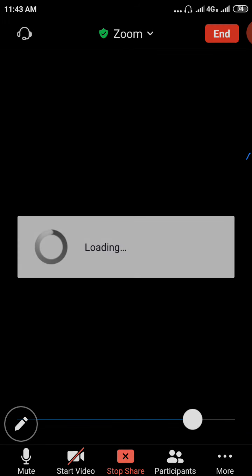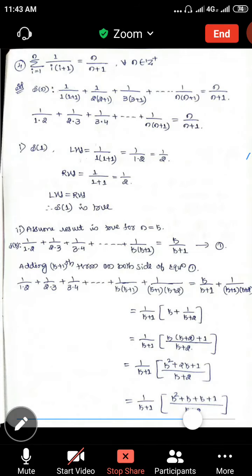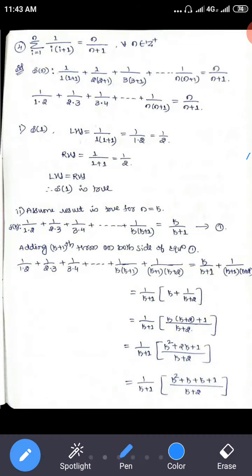So next, coming to this example, the given thing is this. Let i equal 1, 2, 3, 4 and so on, and write it as Sn. So for i equal to 1: 1 upon 1 into (1 plus 1), 1 upon 2 into (2 plus 1), 1 upon 3 into (3 plus 1), up to 1 upon n into (n plus 1), that is equal to n upon n plus 1.